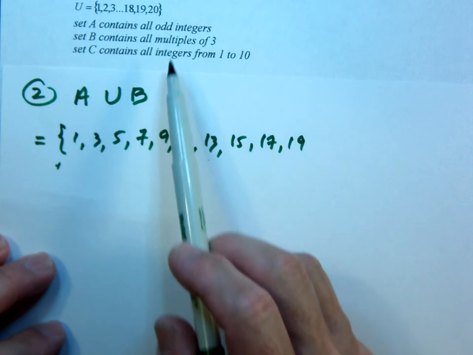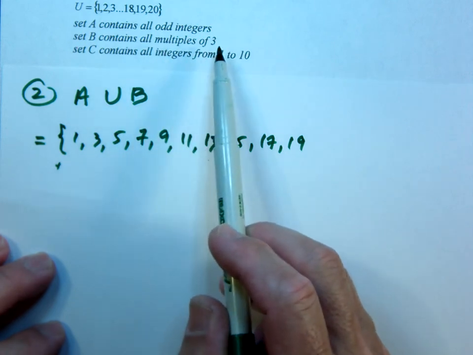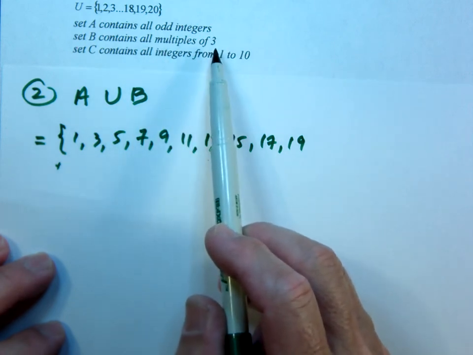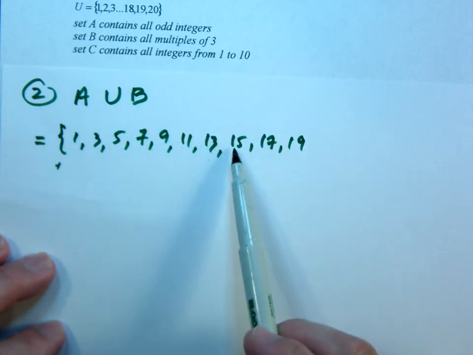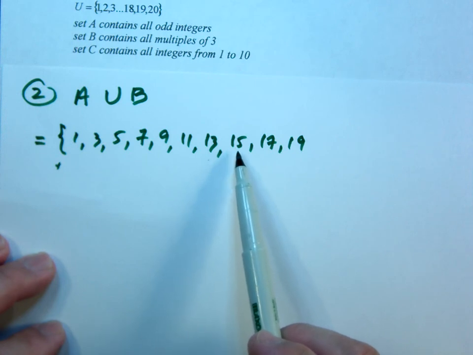Remember, B's are all multiples of 3. Now, some multiples of 3 are odd, and I already listed them here: 3, 9, 15. That means those would be duplicates, but remember, we don't write anything more than once.